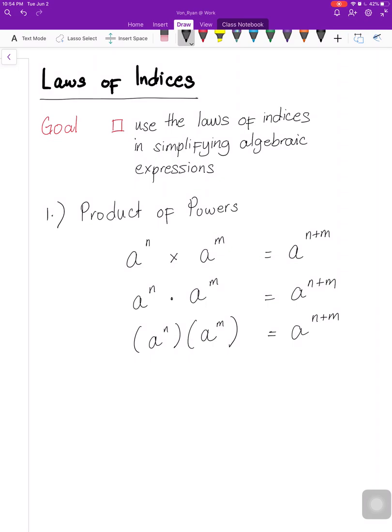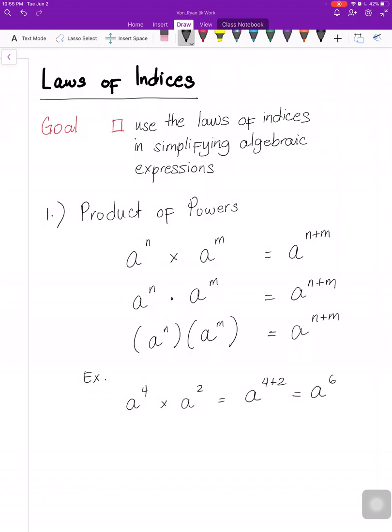Take note that indices are sometimes referred to as exponents in some texts. So let's use an example. Suppose we have a raised to 4 times a raised to 2. That is equal to a raised to 4 plus 2, which is a raised to 6.